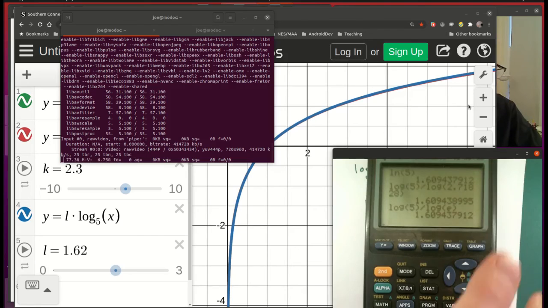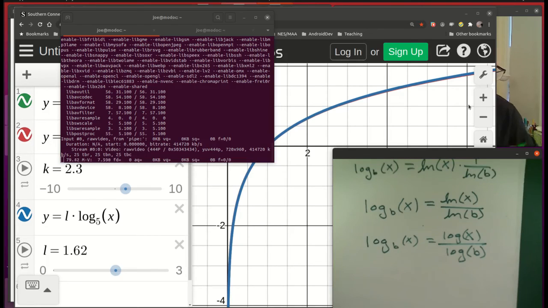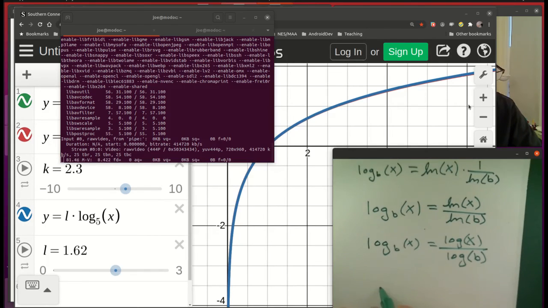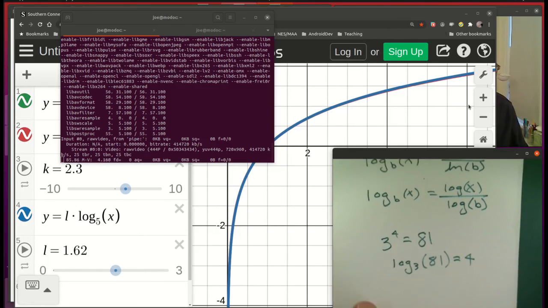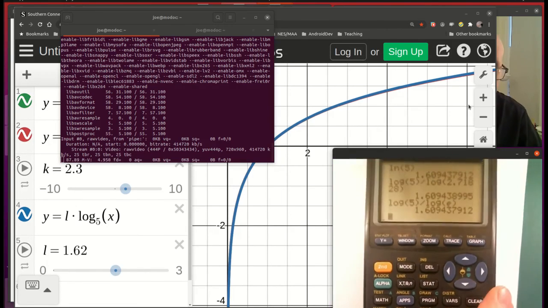Maybe one last example I should give you. You should know that 3 raised to the 4th power is 81, right? So if I wanted the log base 3 of 81, it'll be equal to 4. So let's get a log base 3 using log.